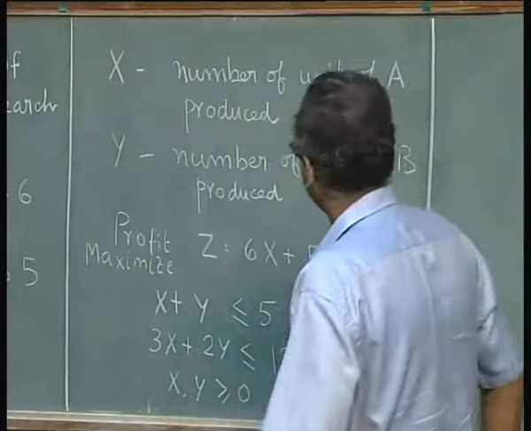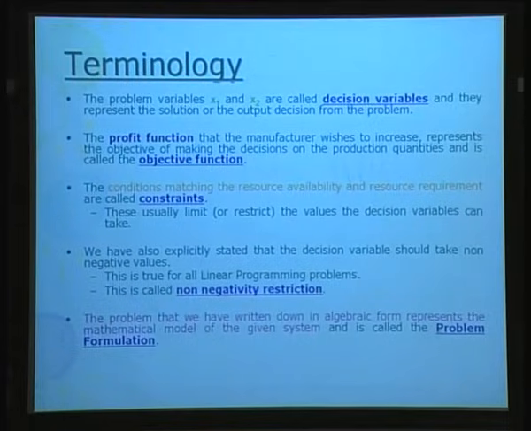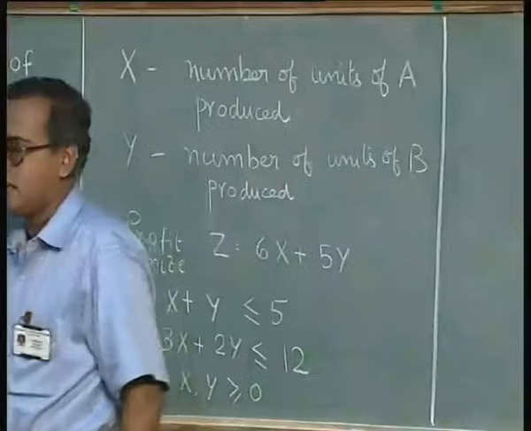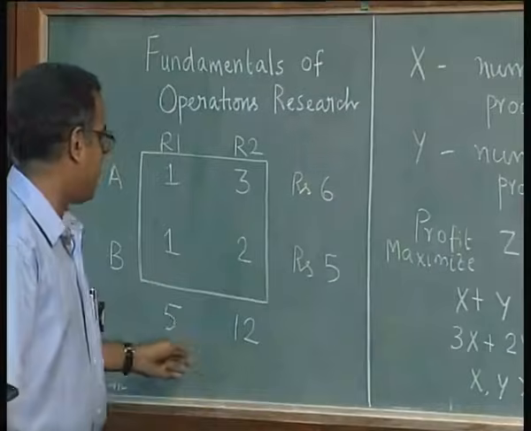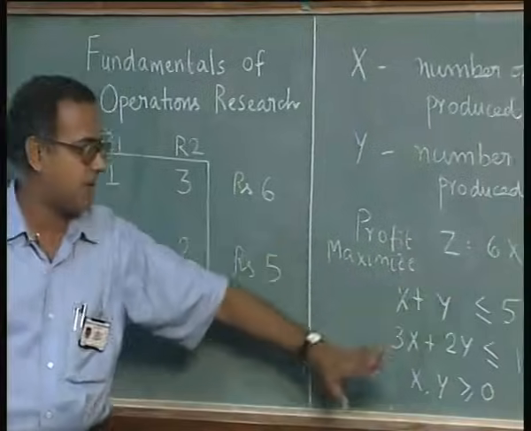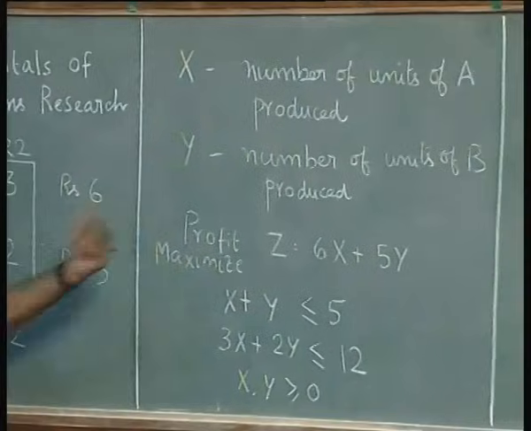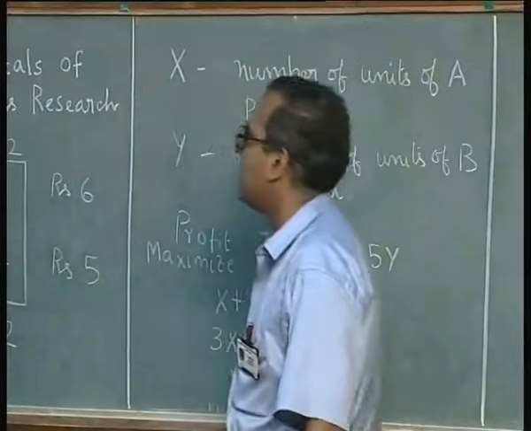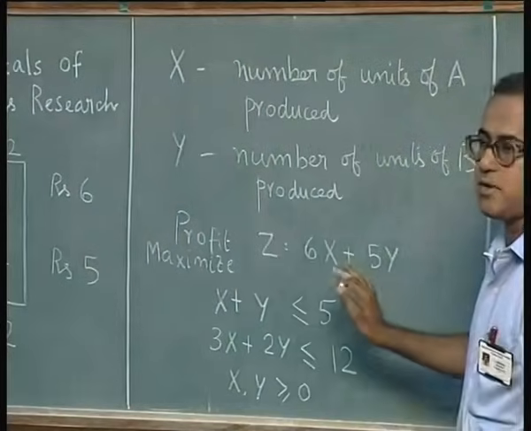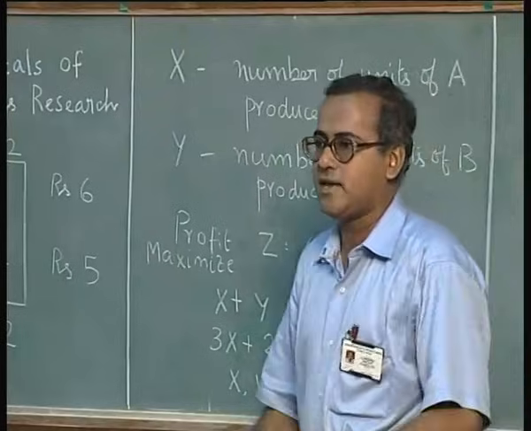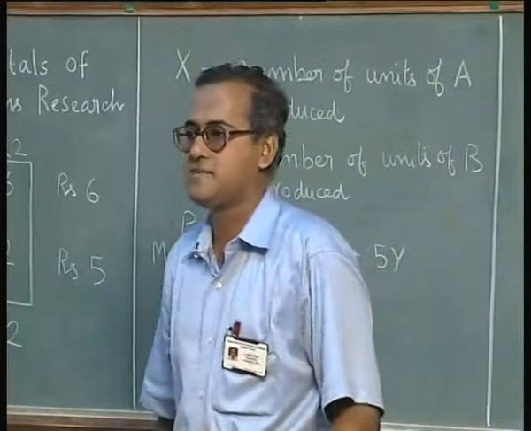The third set of things are the conditions which represent the resources that are available and the resources that have to be used efficiently. So these conditions that we have to satisfy, namely x plus y less than or equal to 5 and 3x plus 2y less than or equal to 12, are called constraints, because they constrain the decision variable from taking as large a value as we would ideally like.